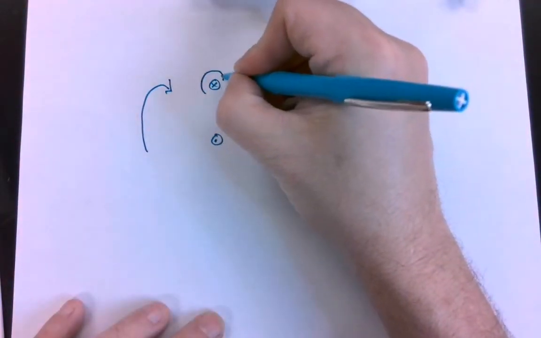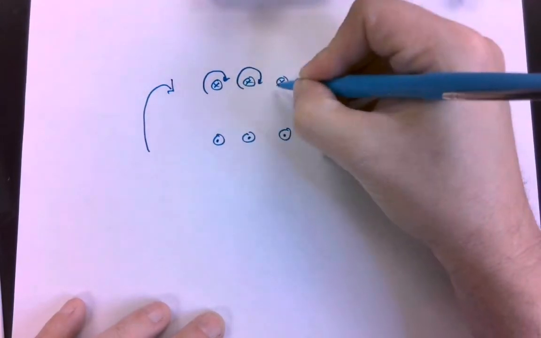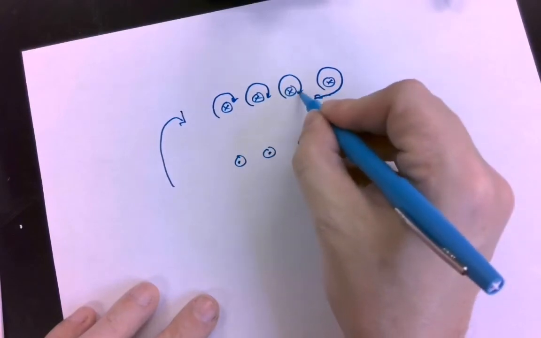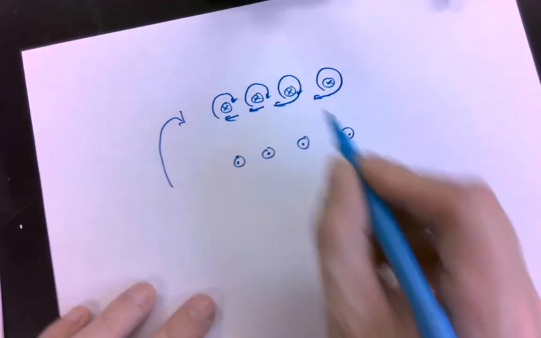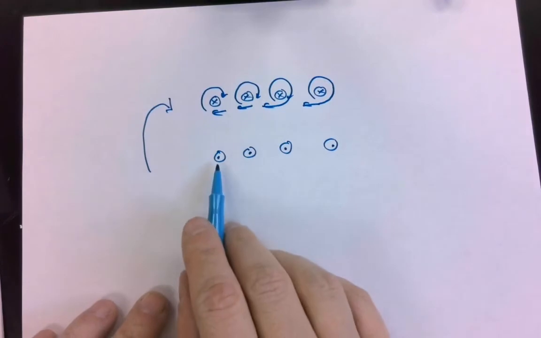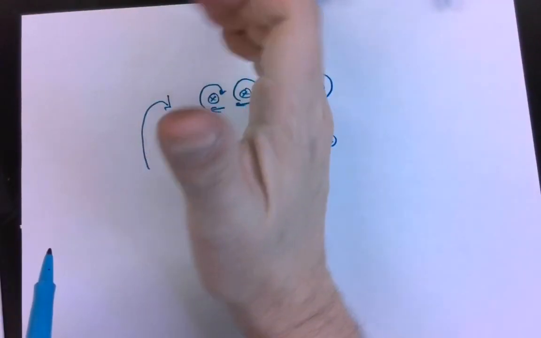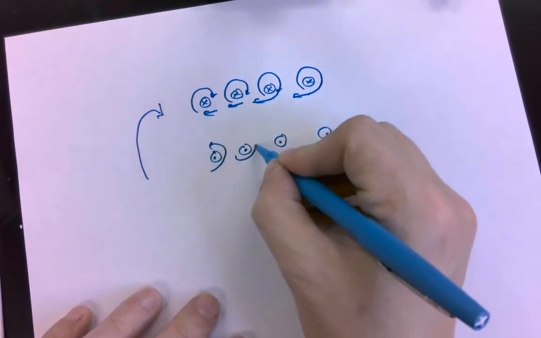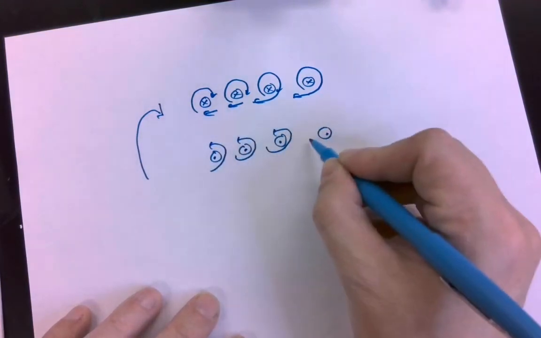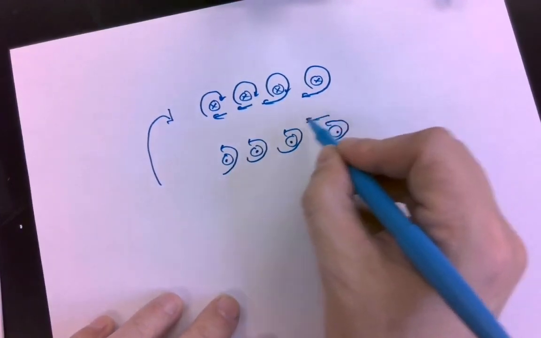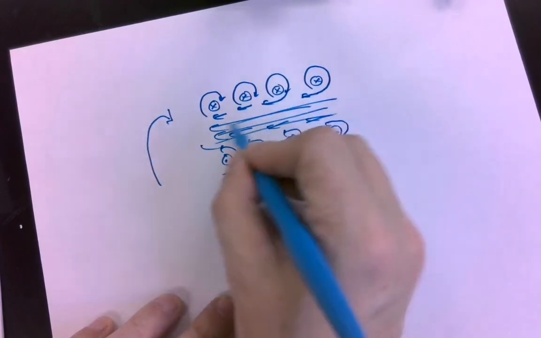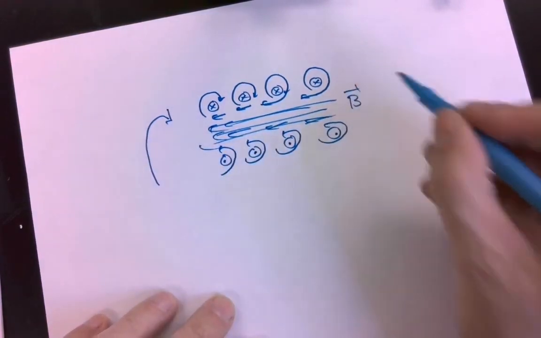Here, the individual loops are going in, so the right-hand rule says the current is wrapping around this way, which means inside the solenoid the field always points that way. On this side the current's coming out, so the magnetic field wraps around by the right-hand rule like this. You notice on this side also, the magnetic field is going this way. So the magnetic field inside of a solenoid points like that.